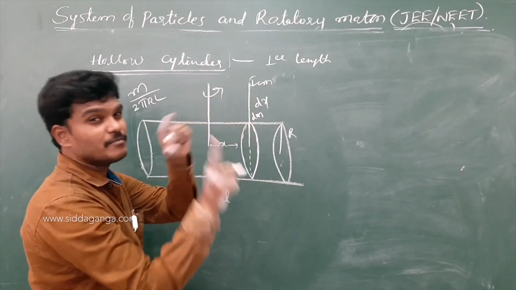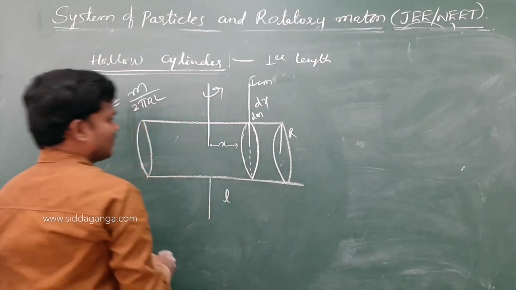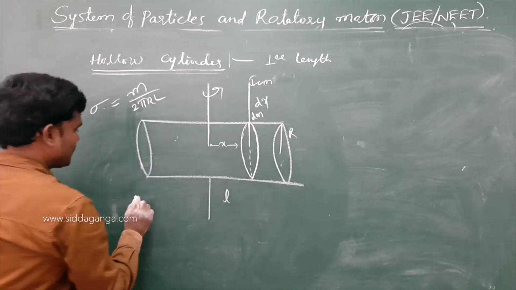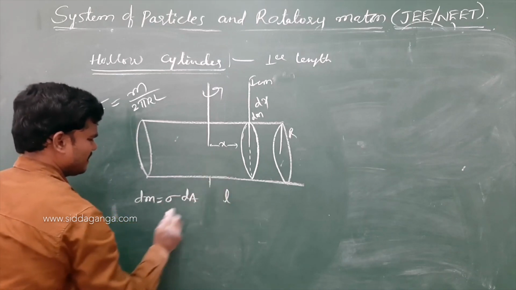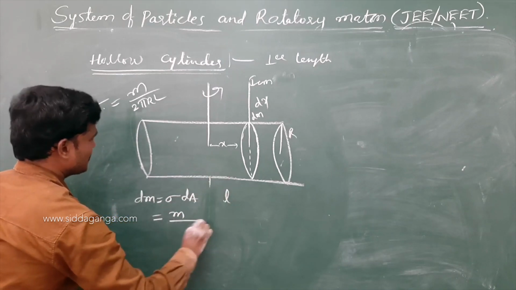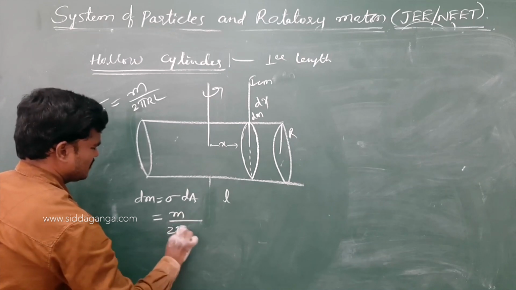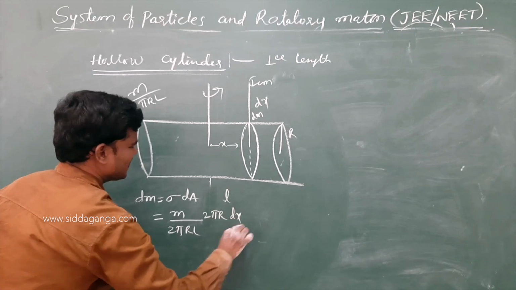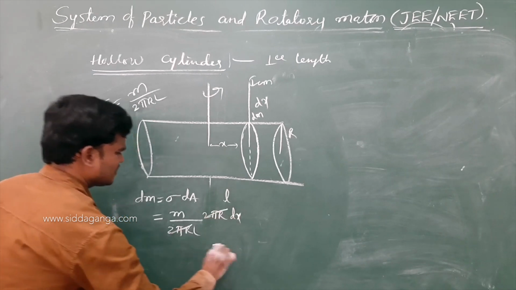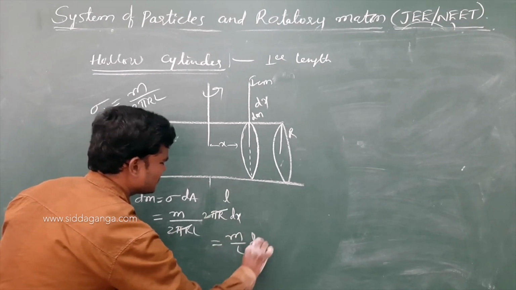Okay, I'll write it later. For the small part, dm is equal to sigma dA. What is sigma? m by 2 pi RL. dA is 2 pi r into dx. The 2 pi r gets cancelled, and again you will get the same m by l dx as previously.